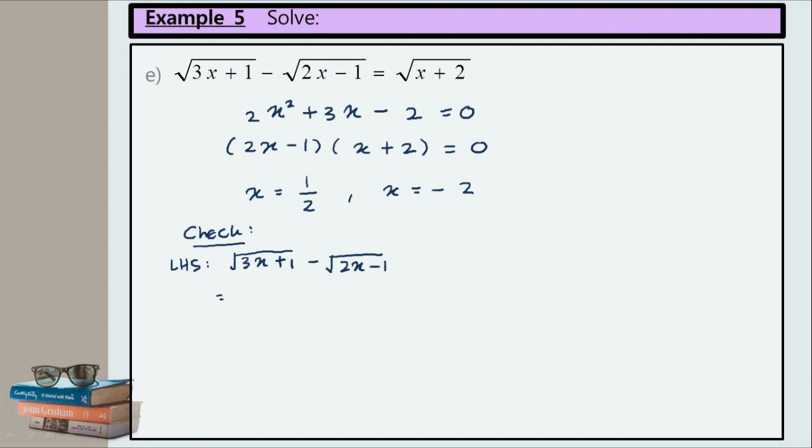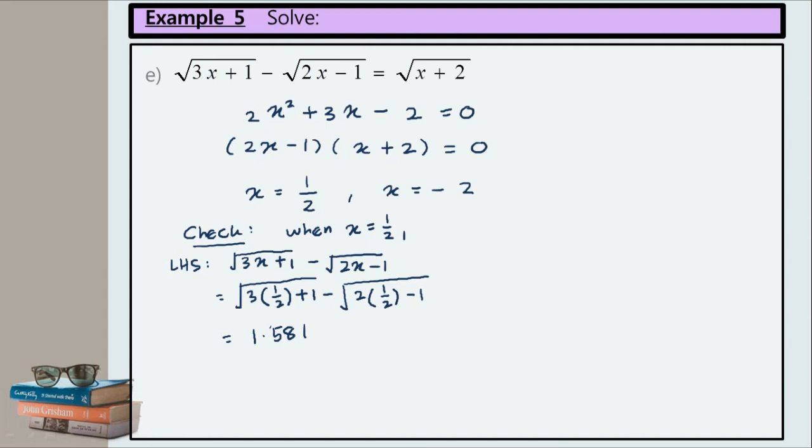Okay, this one, when x equal to 1 over 2, substitute 3 times 1 over 2 plus 1 minus surd 2 times 1 over 2 minus 1. When we check using our calculator, we will get 1.581.